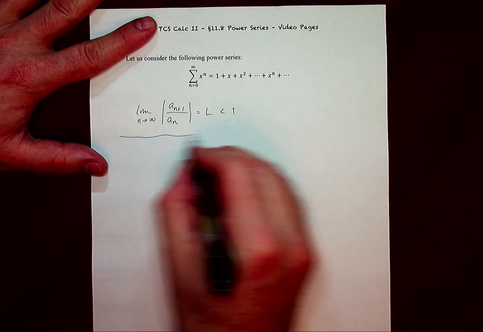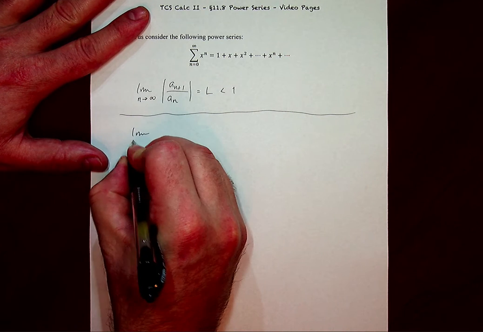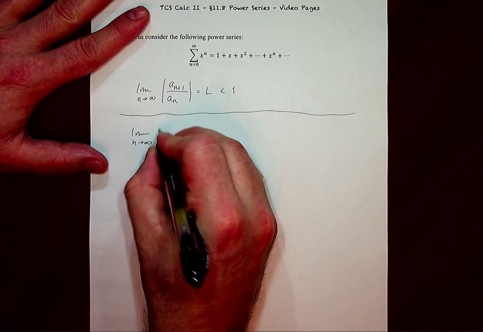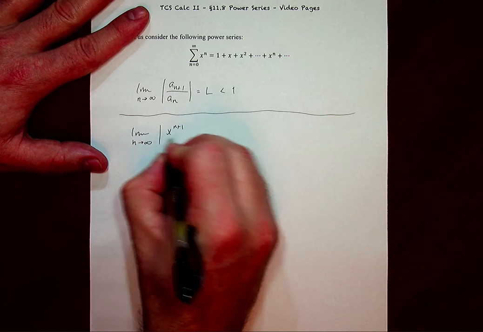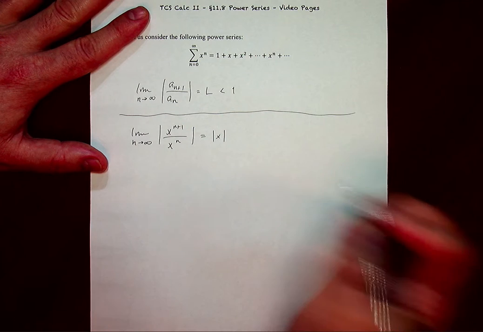We're going to do something very similar here for the power series. We have the limit as n approaches infinity of x to the n plus 1 over x to the n, and that leaves us with the absolute value of x.